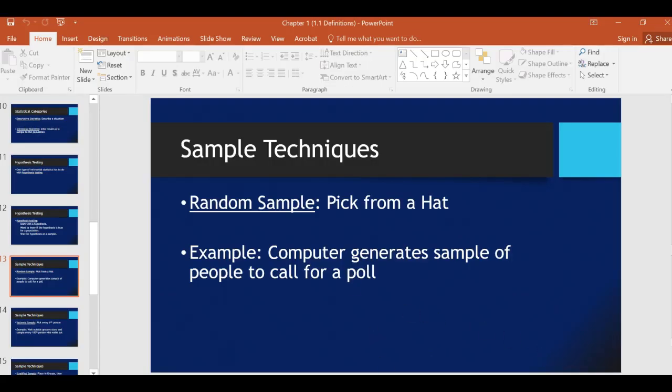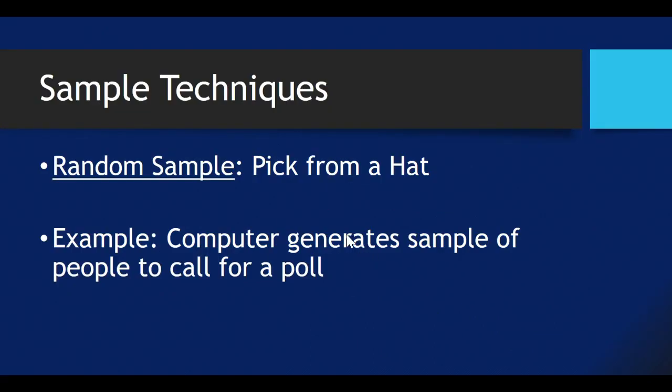So in the old days, that meant that we're picking from a hat. So it's not a conscious decision that is determining how I get my sample. In modern days, for instance, when they sample US adults, they're going to have to figure out a way to get a sample out of like 300 million people.